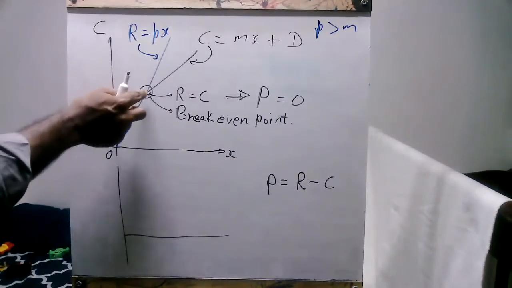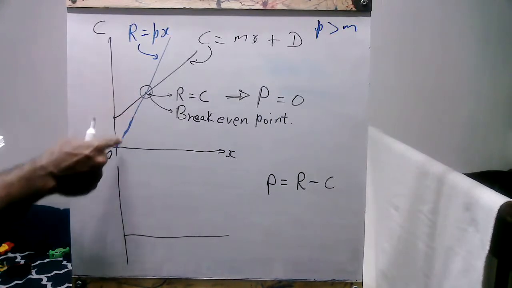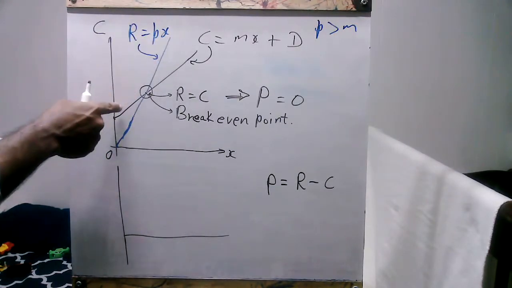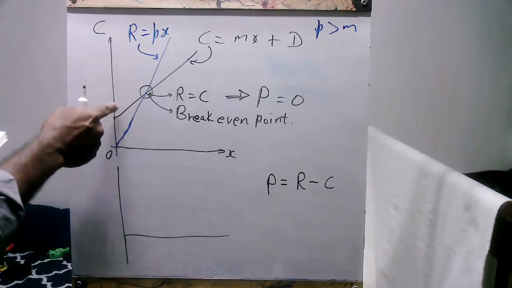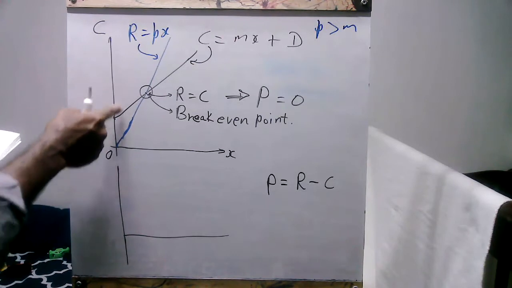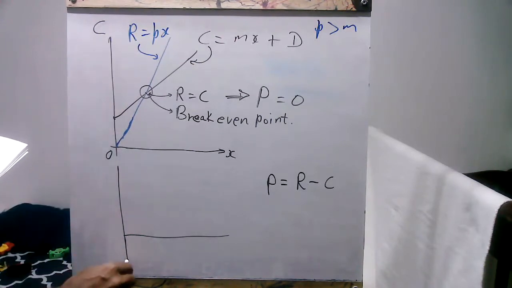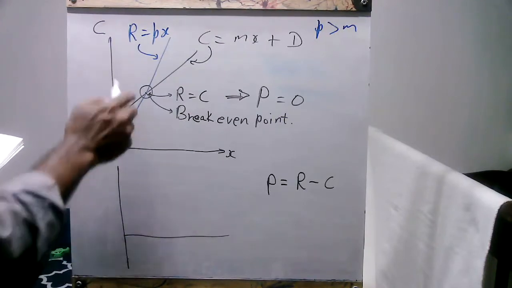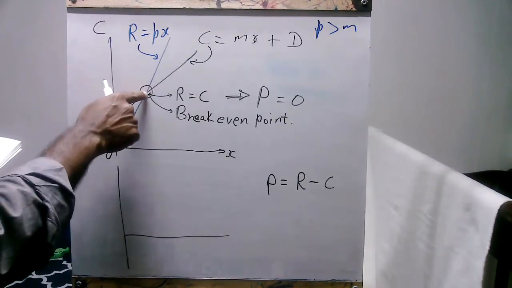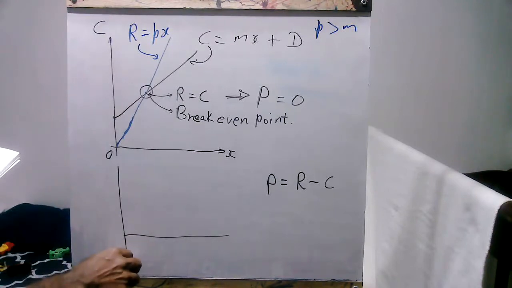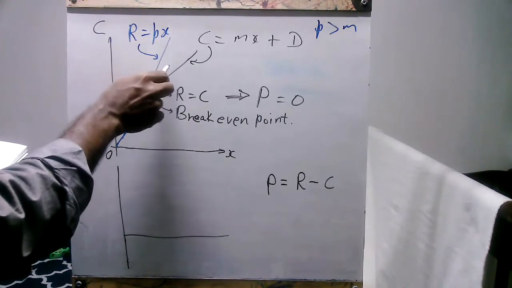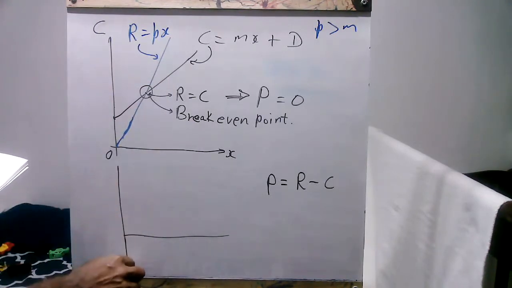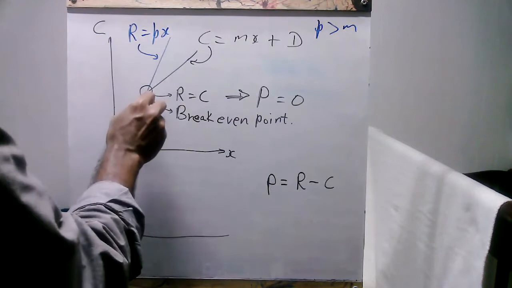So before this break-even point, R is here, C is here. Therefore R is smaller than C, therefore R minus C should be negative. It starts from the negative region. And what happened here? It starts negative and it's going to 0. After that, revenue is more than cost, therefore it is positive. Therefore the graph should be like this.